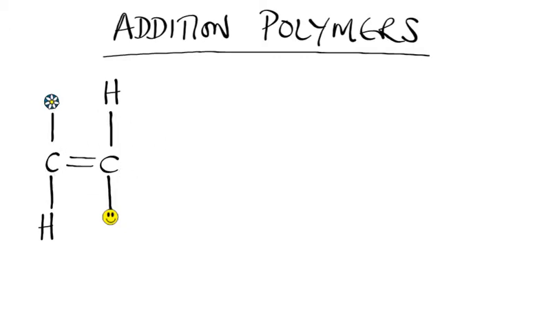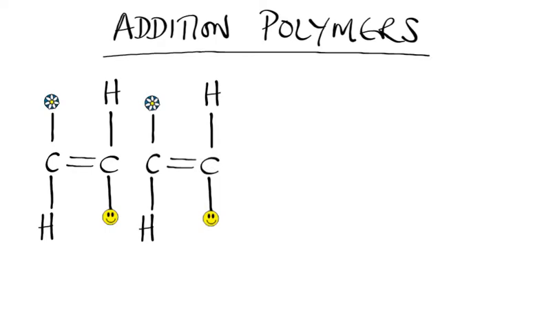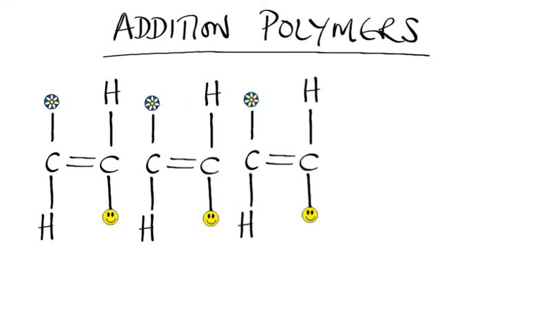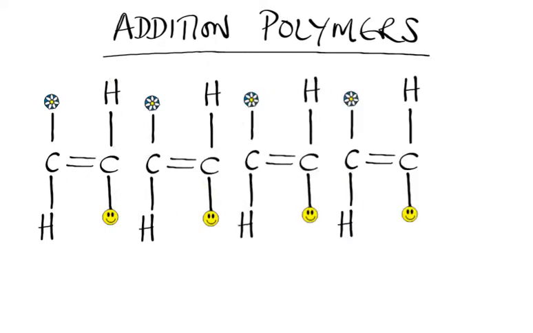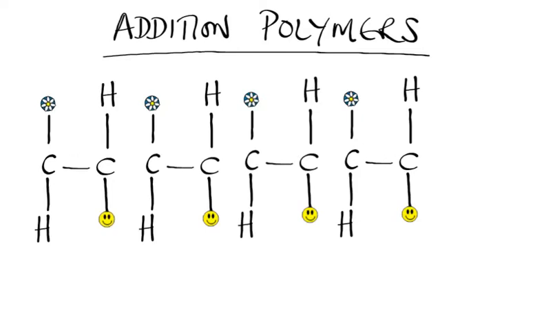So let's line up a series of our monomers, so they're all going to go side by side, and when the polymer is made, what happens is that the double bonds will all break and bonds will form between those carbons. Also, if we're showing part of a chain, it's important to remember that this goes on off into the horizon.